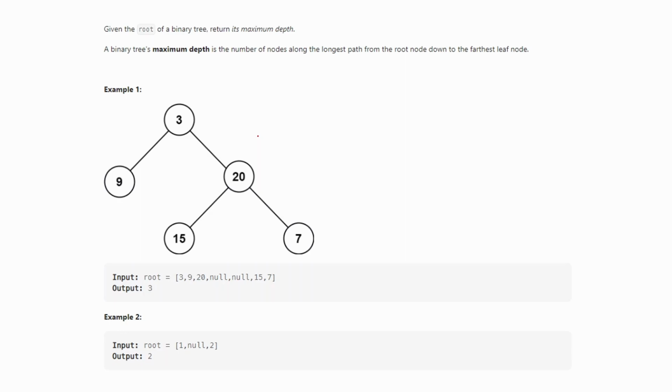Now let's try to solve this problem. One thing to remember is this: whenever we get any tree related problem, most of the time we will be solving it with either BFS or DFS. And in most cases we'll be solving this problem using DFS.